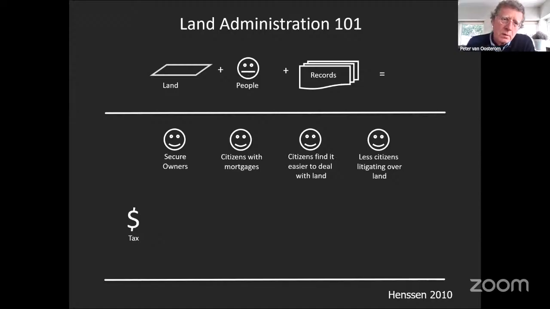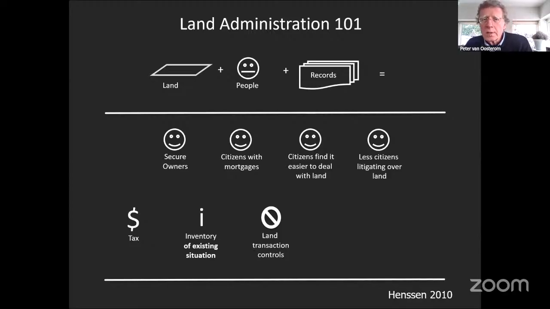So it supports taxation, the value. It's also a good overview of the land use, the inventory. When the owners change because of transactions, this is properly checked and recorded.